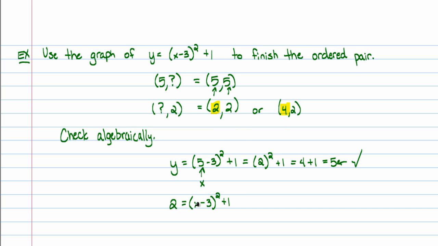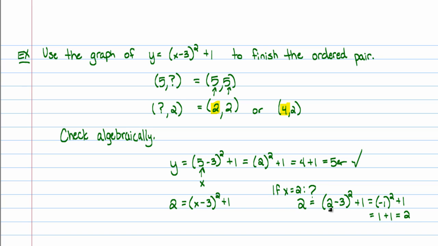So let's plug in x equals 2 first. So if x is equal to 2, is it true that 2 is equal to 2 minus 3 squared plus 1? Well, 2 minus 3 is a negative 1. But a negative 1 squared is just 1. And 1 plus 1 is 2. Aha.